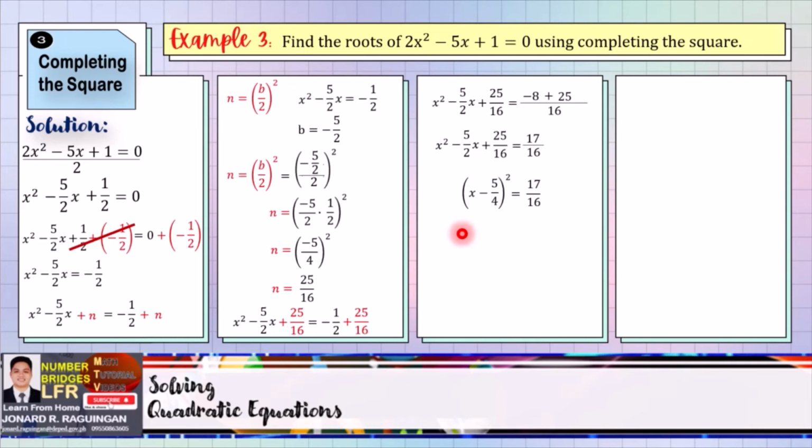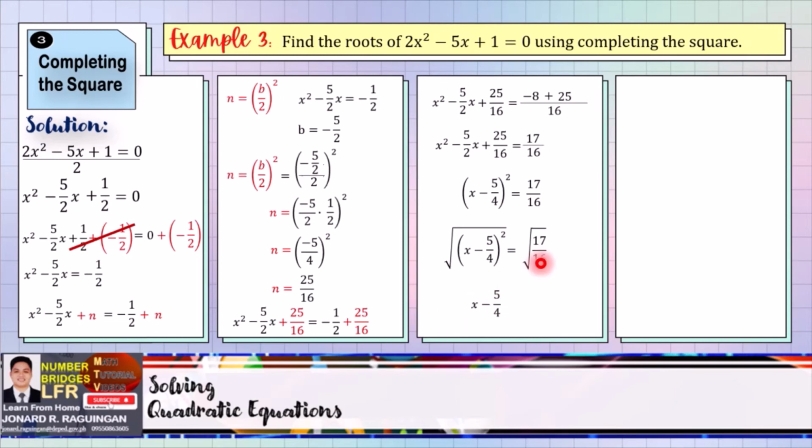Then, solve the resulting quadratic equation by extracting the square root of both sides. That is, square root of the quantity x minus 5 all over 4 raised to 2 is equal to the square root of 17 all over 16. The square root of the quantity x minus 5 all over 4 raised to 2 is x minus 5 all over 4.